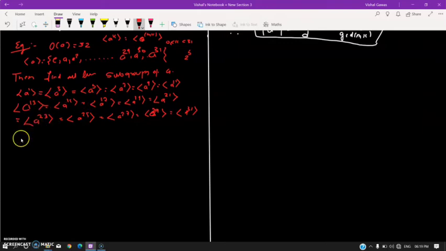So these are all equal. What about a square? All those elements whose GCD with 32 is 2 would be here. So a square is there, right? Next one would be a4, with 32 is not 2, right? It's 4. a6 with 32, yes, right?